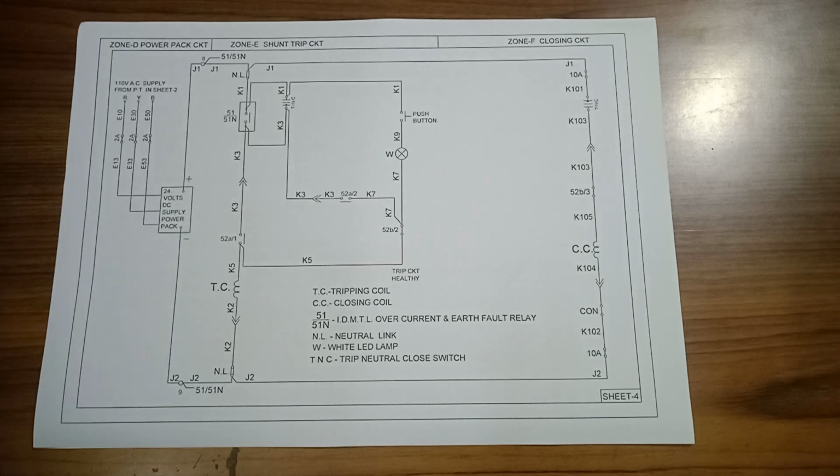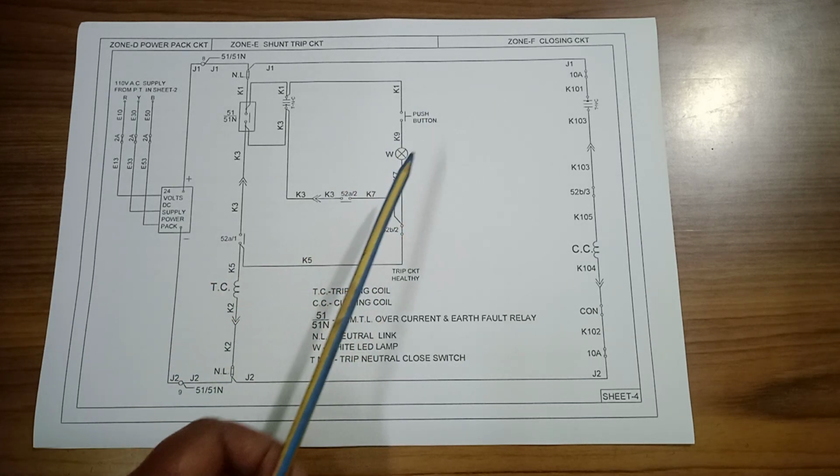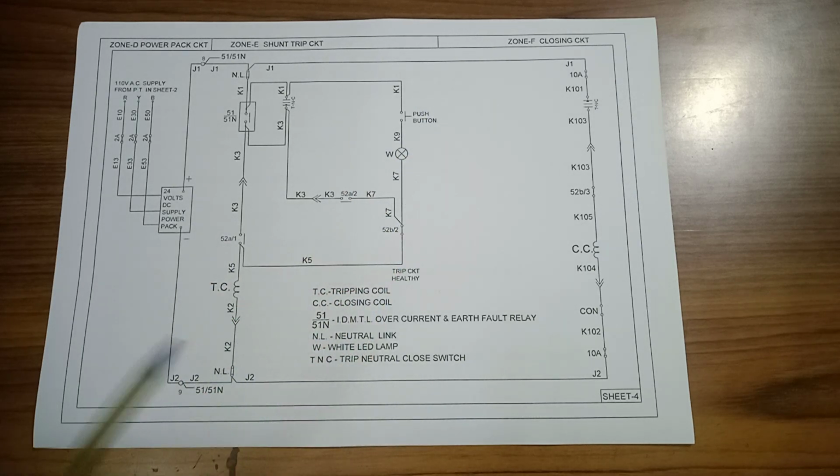Now here is the push button. The push button action shows whether the circuit breaker trip circuit is healthy or not. There are two paths for the trip circuit supervision.